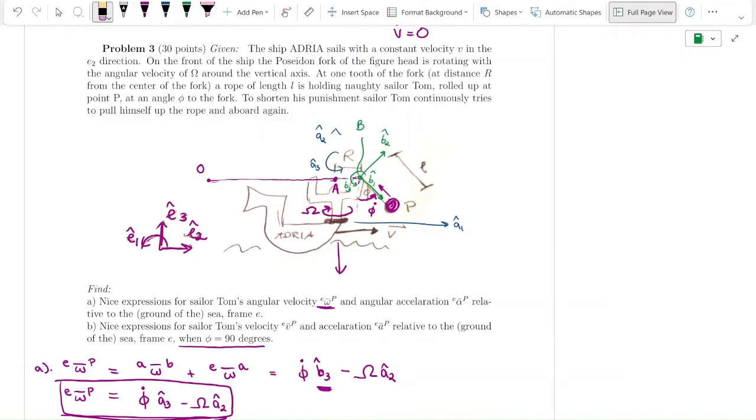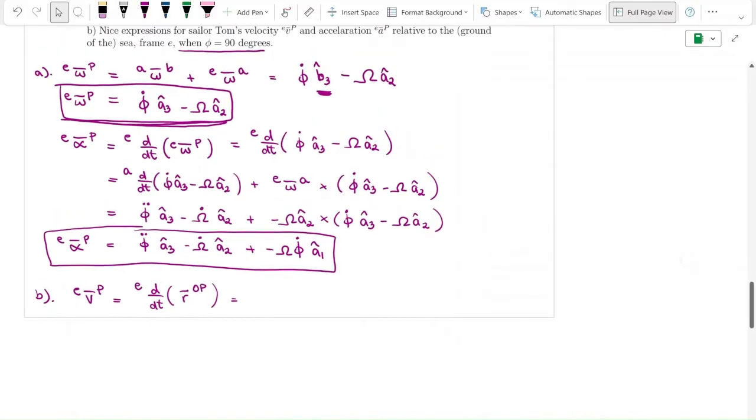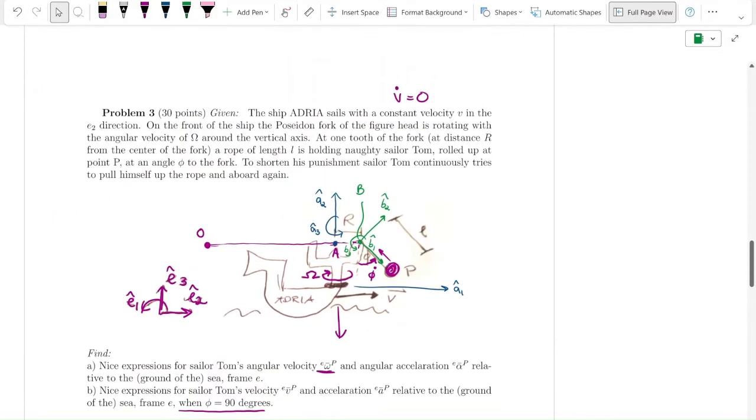Hopefully that is clear. Point A is in the middle of the fork, and point B is at the edge of the fork where it's attached to the rope. And point O is just some point floating in midair here that is fixed. As a side note, point O is a random point that I've picked that's fixed.